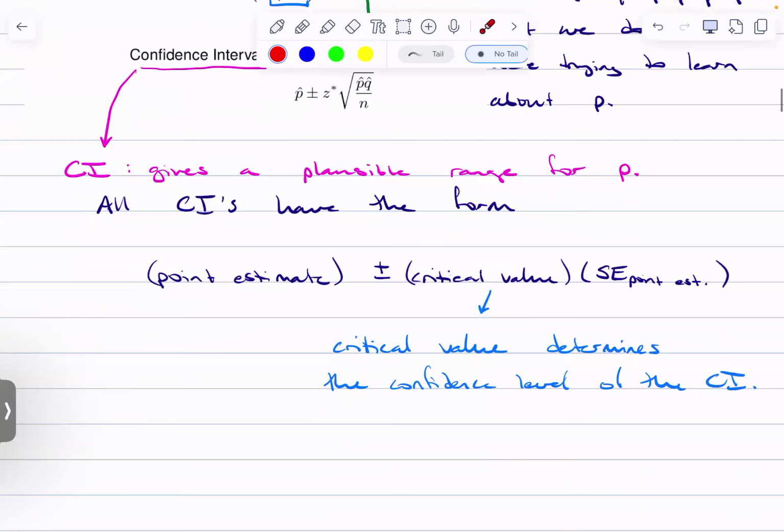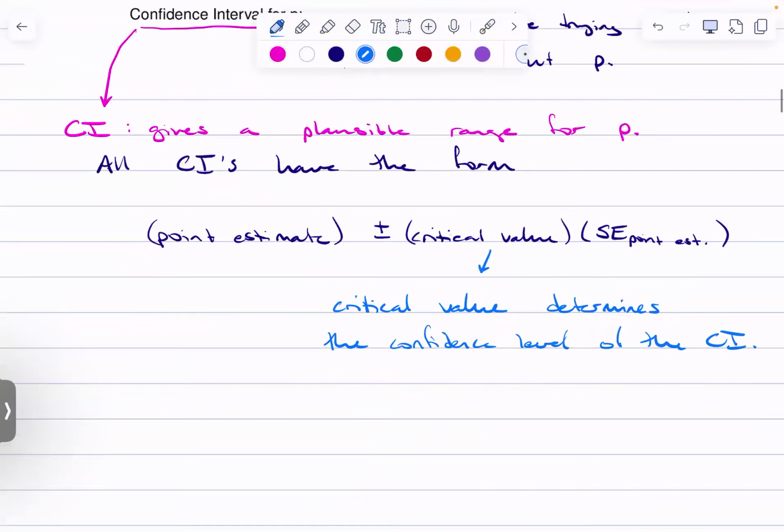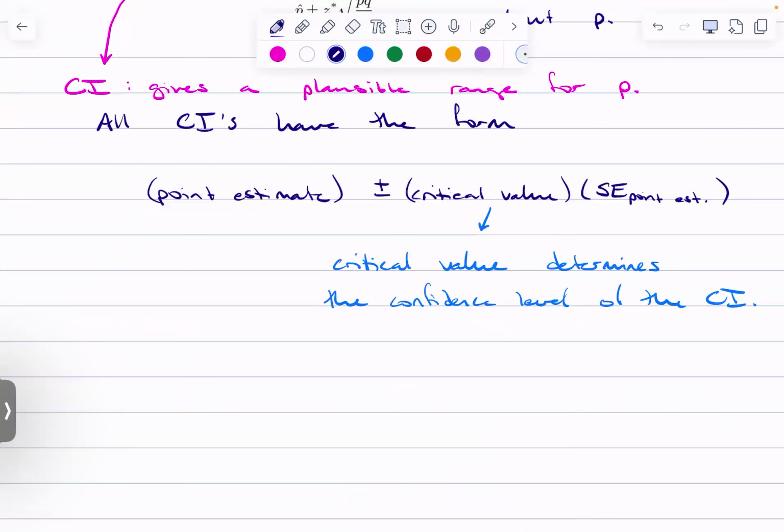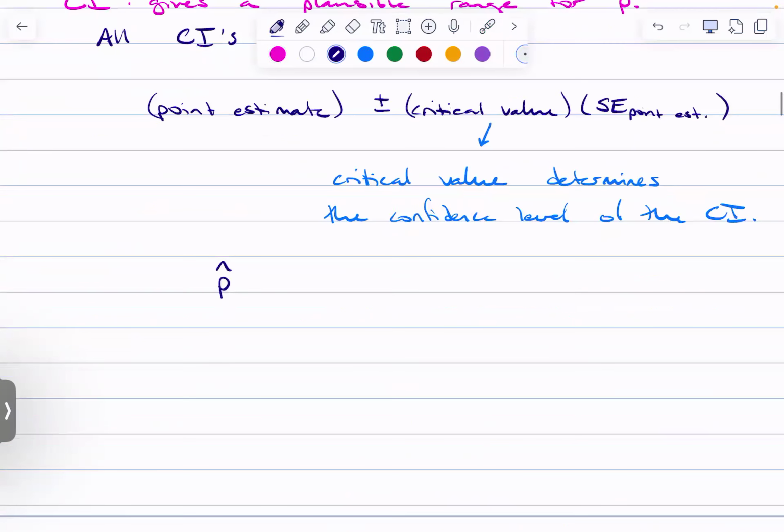So Z star, or I should write it out here. If we have P hat plus minus Z star times the square root of P hat Q hat over N, how can I map this? My point estimate for P is P hat. So if I'm trying to build a confidence interval for P, I use my point estimate, which is P hat.